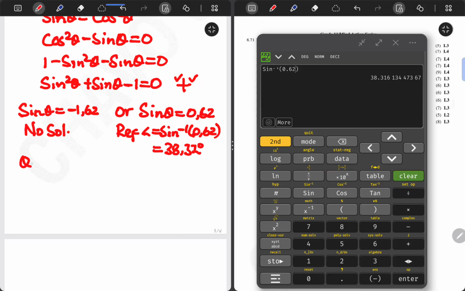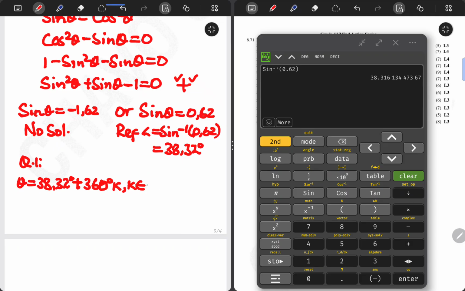So quadrant number 1, that will be theta equals to 38.32 plus 360k, k element of what?